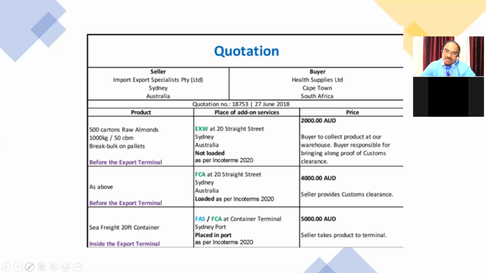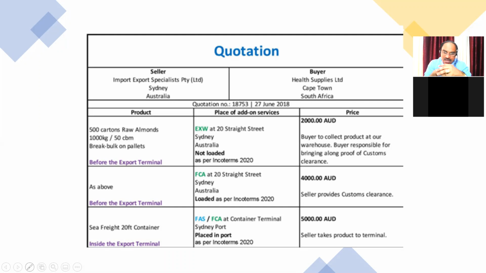If it is Ex Works, India is mentioning that the price of the product comes around 2,000 AUD, that is Australian dollars. That means from that place, 20 Strait Street, Sydney, Mark has to collect. That's all. That is the price she quoted.